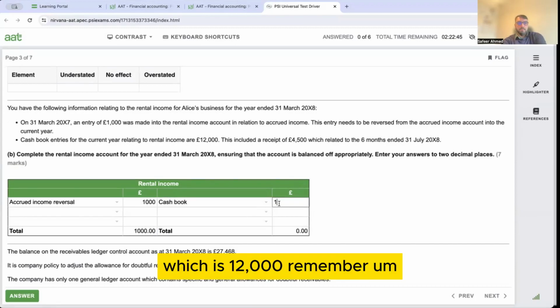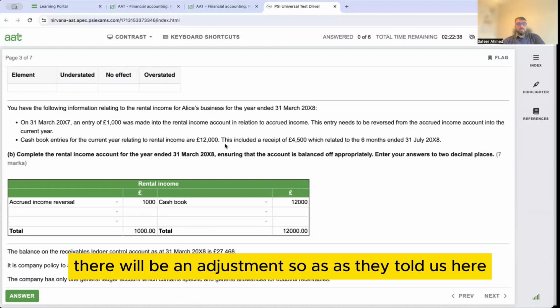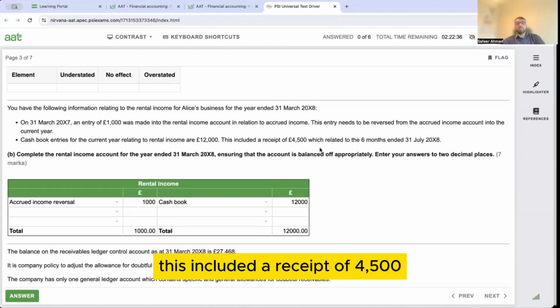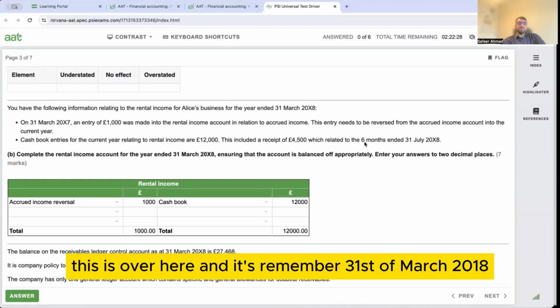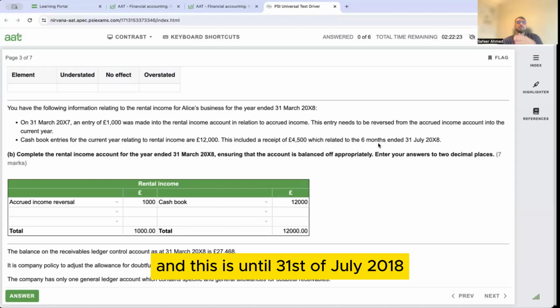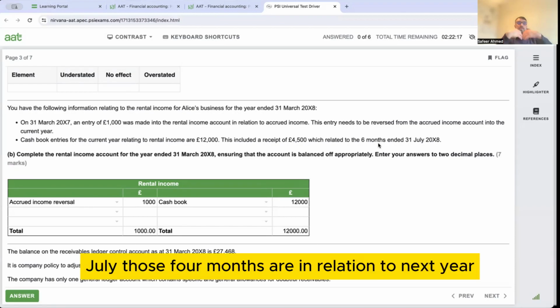Which is 12,000. But remember, in relation to this, there will be an adjustment. As they told us here, this included a receipt of 4,500, which related to the 6 months ended 31st of July 2018. Again, our year end is, remember, 31st of March 2018, and this is until 31st of July 2018. So if you think about it, April, May, June, July, those 4 months are in relation to next year.